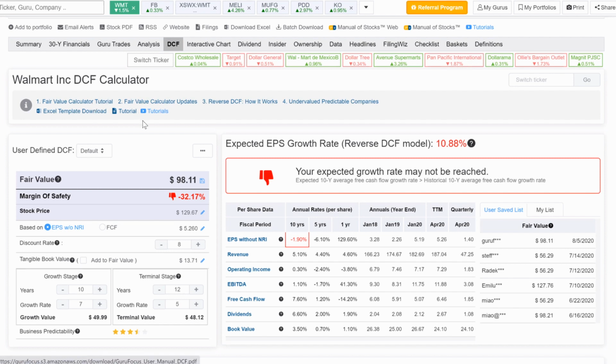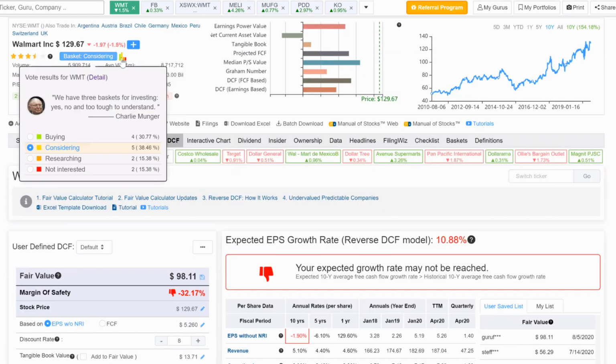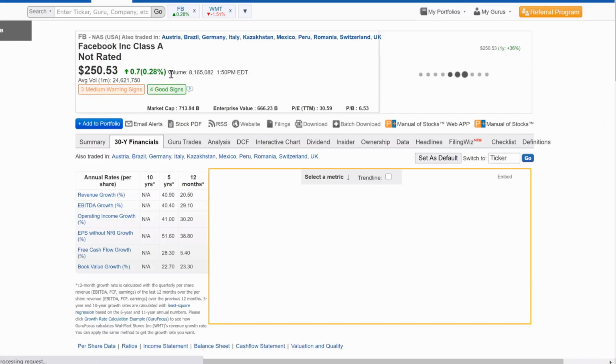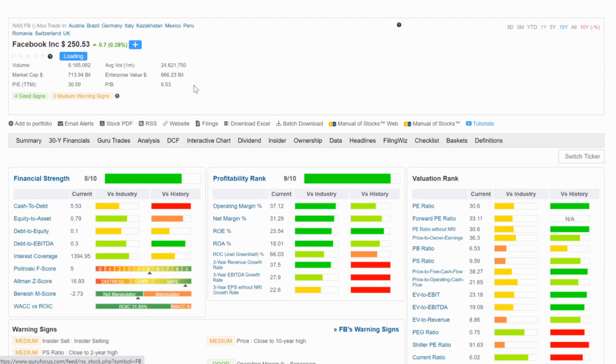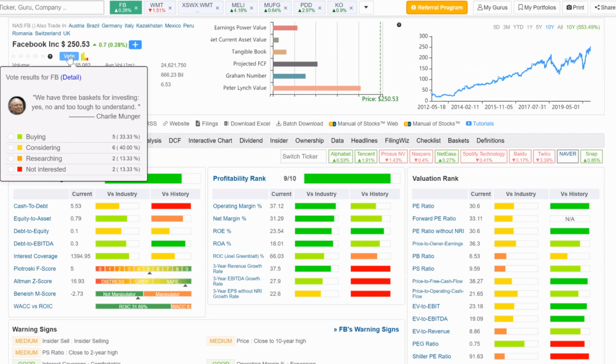The next thing we made, we added a vote function here. If I come to a stock that I haven't voted on before, it doesn't show on the 30-year financial page, but it shows on every other page. You can see it has a vote button here.